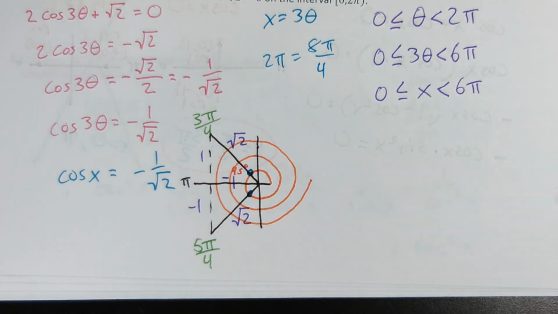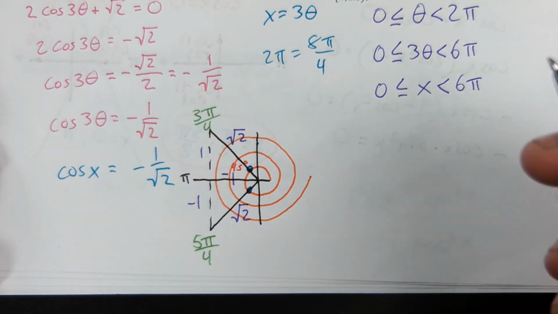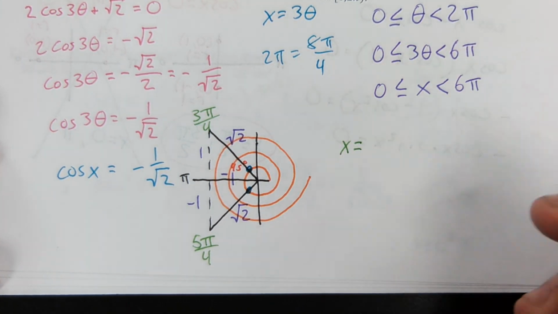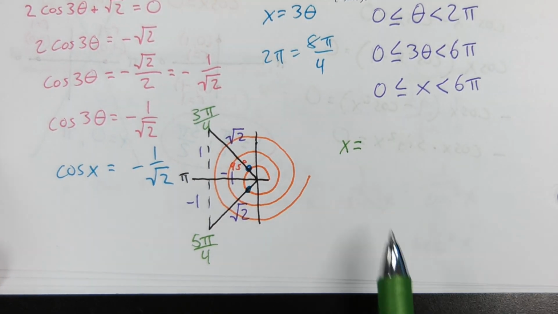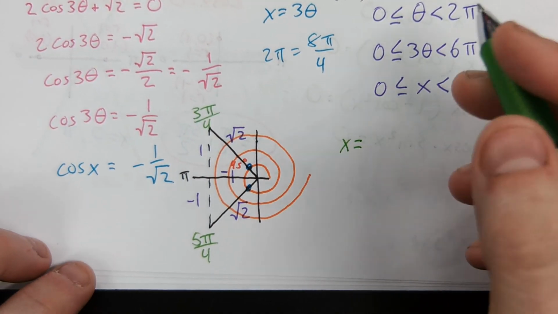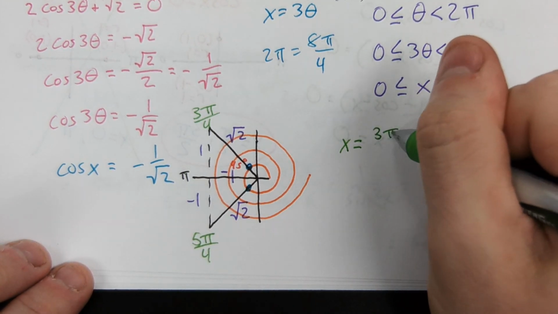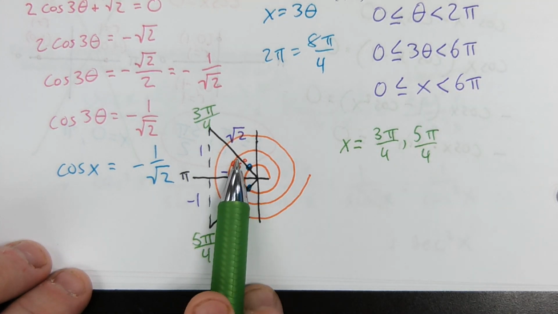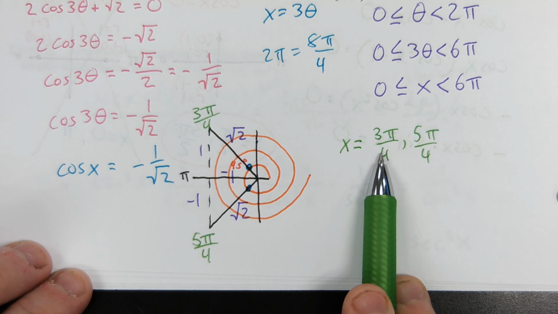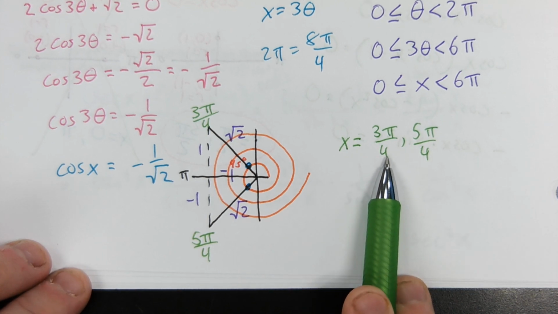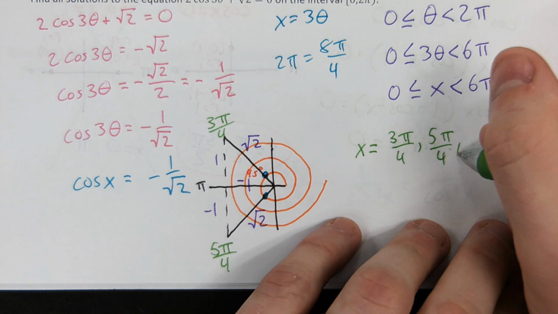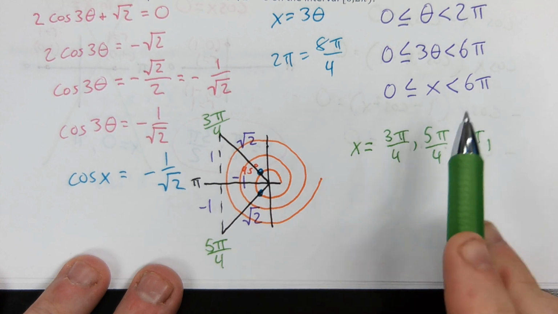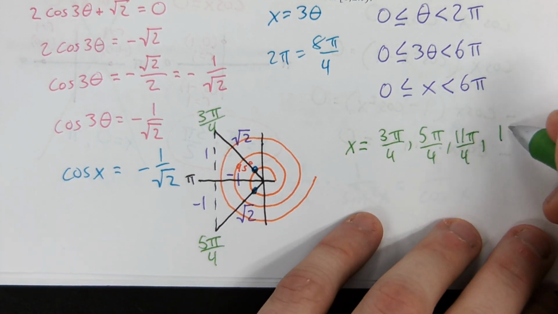So we take our x values and we say, okay, x equals 3 pi over 4 and then 5 pi over 4. Then we hit this one. So we add 2 pi to that, because adding 2 pi lands in the same place, which is going to give me 11 pi over 4. Then we hit this one by adding 2 pi to that, 13 pi over 4.